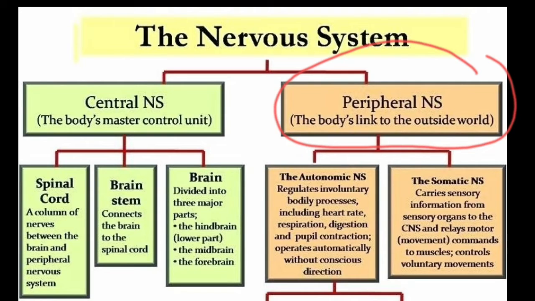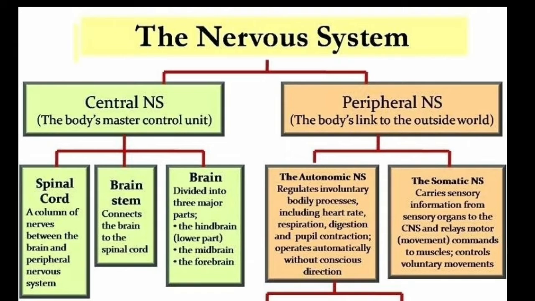Peripheral nervous system, that is the body's link to the outside world. It consists of two main categories: the autonomic nervous system, or the ANS. The autonomic nervous system regulates involuntary bodily processes, including heart rate, respiration, digestion, and pupil contraction.